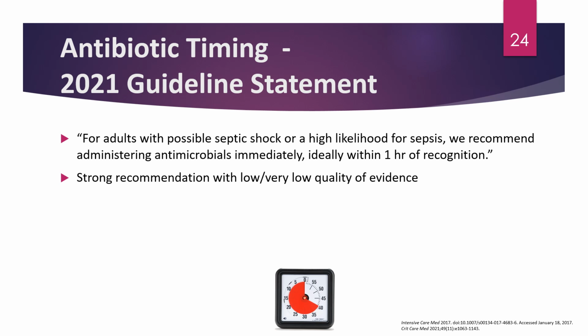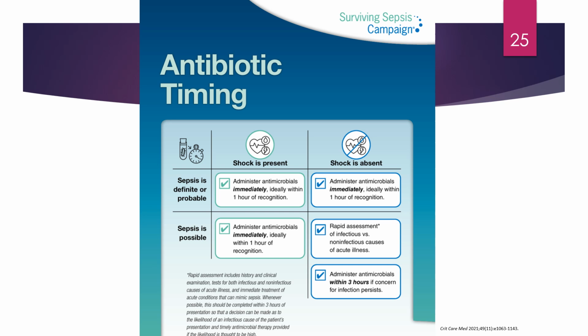They say it's a strong recommendation, with very low quality of evidence. So now what the Surviving Sepsis Guidelines are saying is that if shock is present and you're even at the possibility of sepsis, to give it within 1 hour.